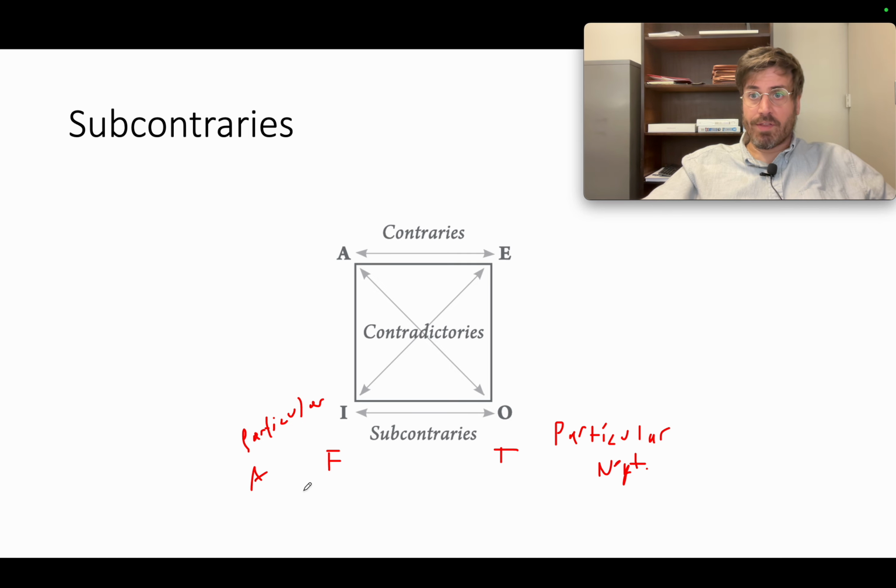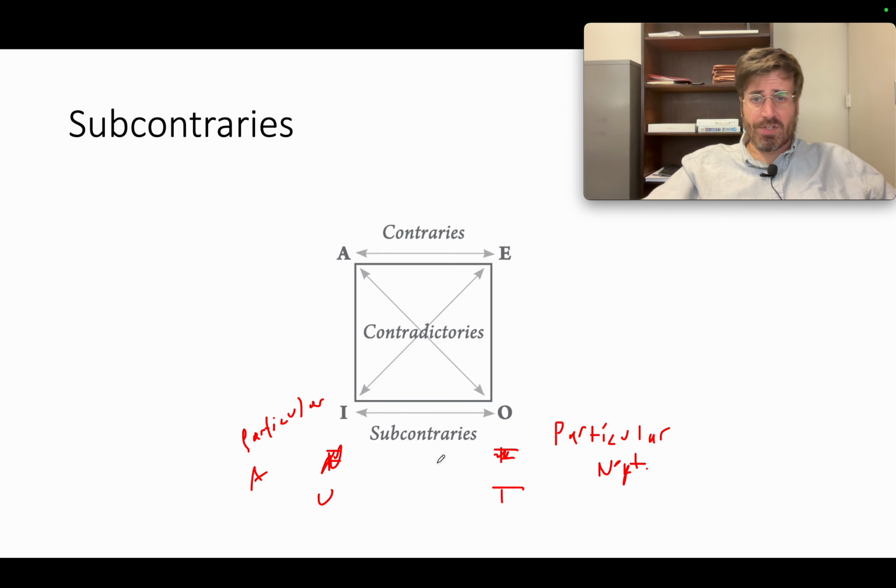There's enough information that allows that immediate inference. However, if we begin with a true O proposition, we don't have enough information to make the inference about the corresponding subcontrary. So that value would be undetermined. We need more information.